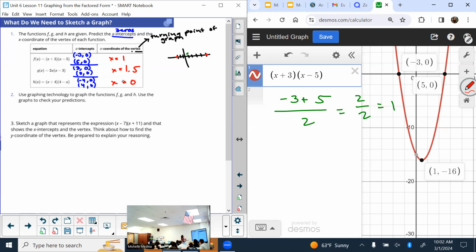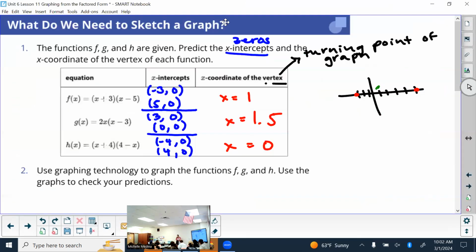All right, now the y value of the vertex, we also need to be able to find. You are going to find the y value by plugging in the x value. So make a note to yourself somewhere about that.